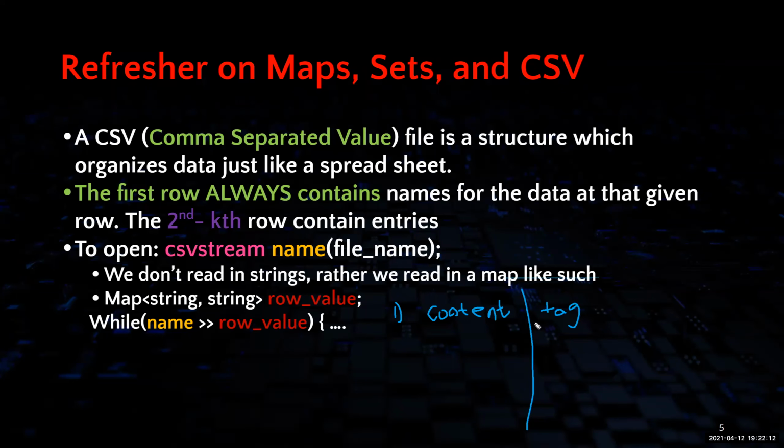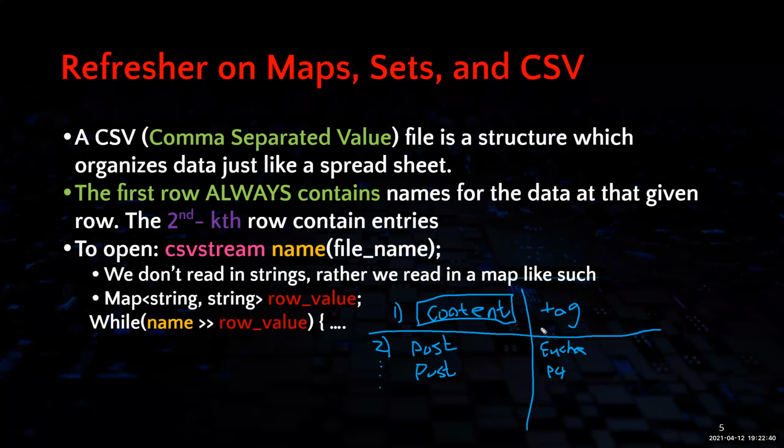So we have content and tag. Our second row onward is going to be data entries. The content is going to be some post, and the tag could be something like euchre. Then our third entry could be some other post, and its tag could be, I don't know, P4 or something.